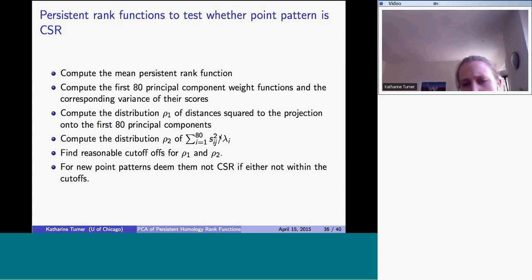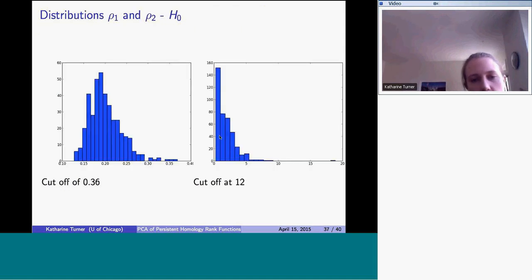The hope is to find a cutoff for rho 1 and a cutoff for rho 2, and then determine whether some new point pattern is spatially random or not by comparing its value in those distributions of rho 1 and rho 2. These distributions are from 400 completely spatially random point patterns.